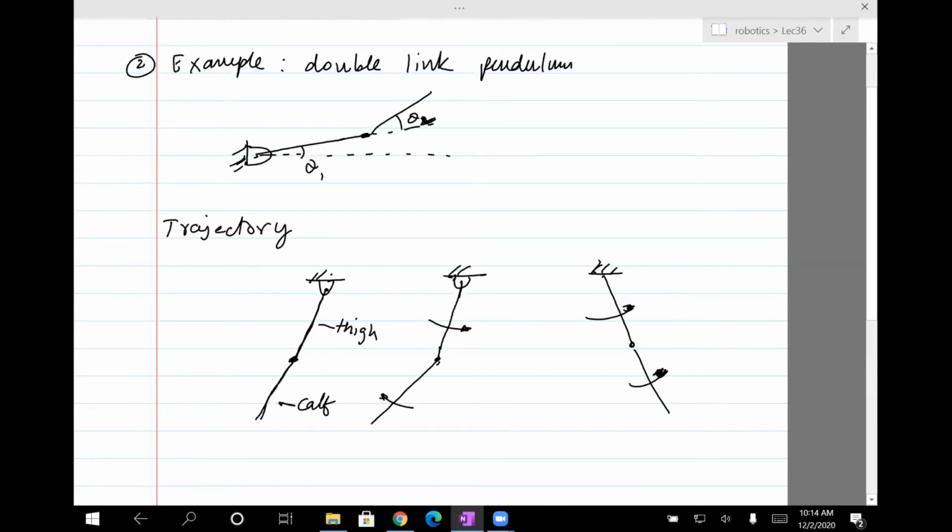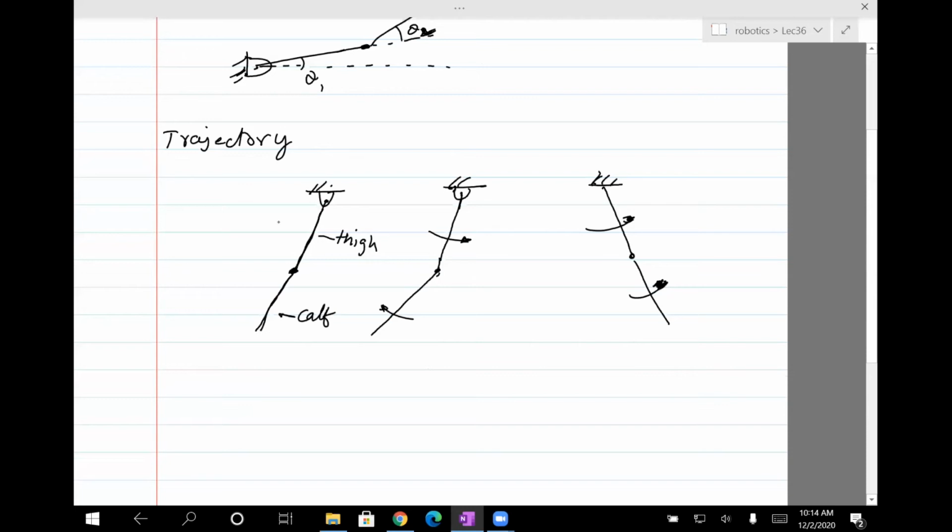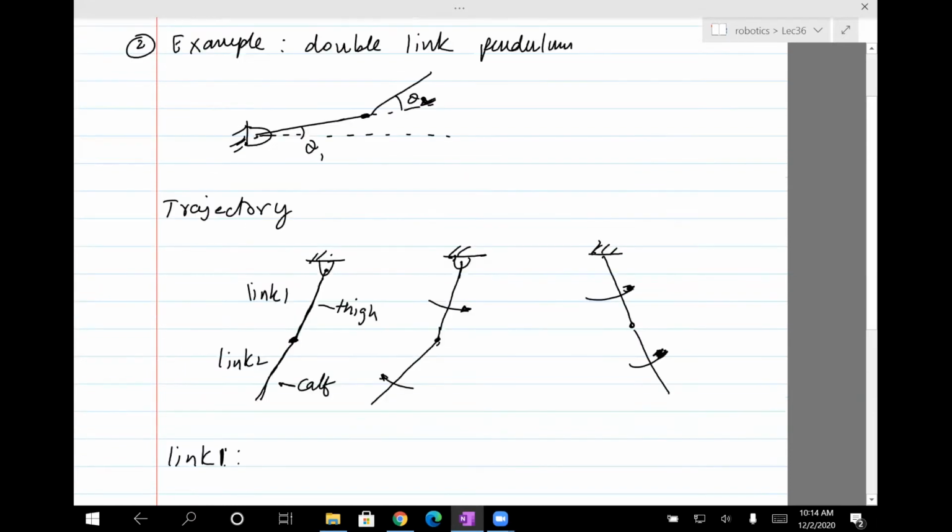So first, let's call this link 1 and link 2. For link 1, the angle is theta 1.